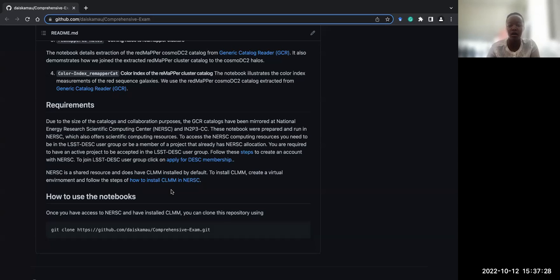You need to have access to the NASC, and then they provide access to Jupyter Notebook, and you can run everything there. So for you to do any analysis on the Cosmo DC2 and the notebooks that are here, you need to have access to the NASC. I've included the links in case you're interested to join, and then you can run the notebooks. Thank you.